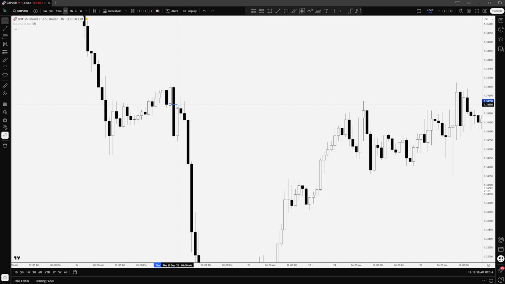So I've developed this ICT CISD and order block indicator, which basically plots the closures across the open of the opposing candles. Basically, if you don't know what an order block is, it depends on which school of thought you've gone to, but it is whenever you have a bullish candle that gets closed over by a bearish candle, that is going to be a bearish order block.